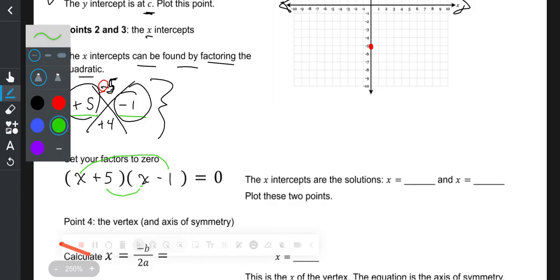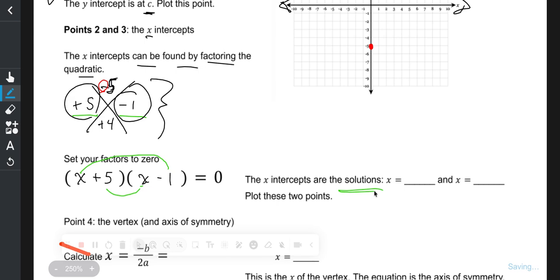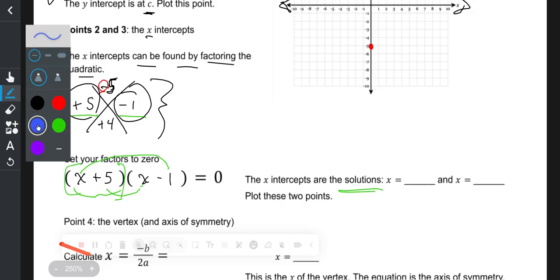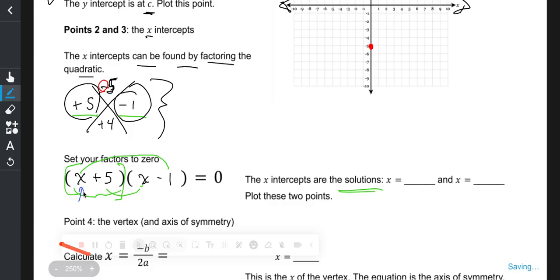To find the x-intercepts, it's the solutions, meaning what x would make this 0? What x would make that 0? Would it be 5? No, because then this would be 10. Is it 0? No, because if x was 0, this would be 5.